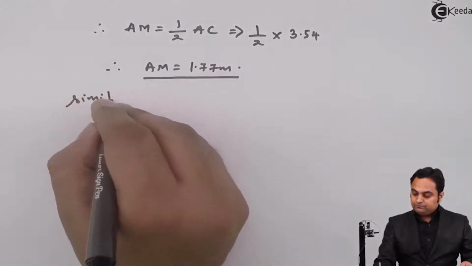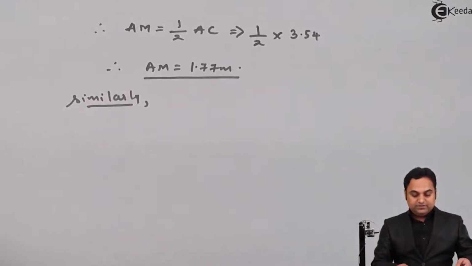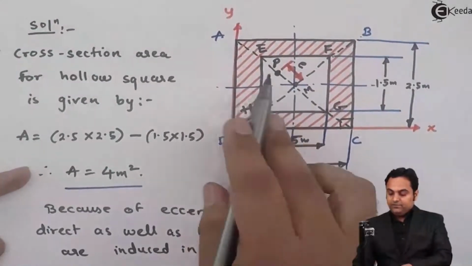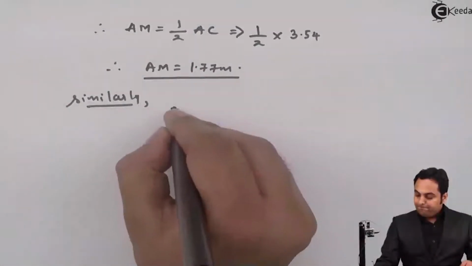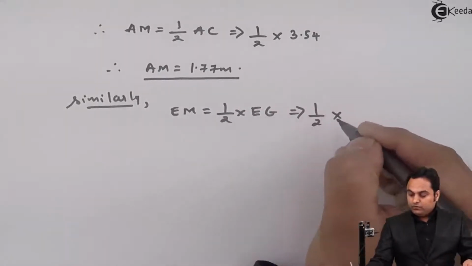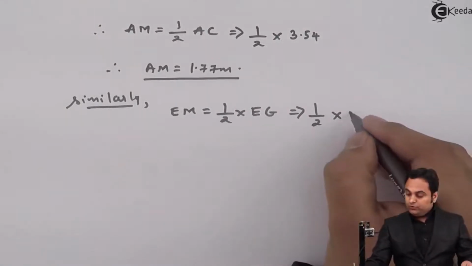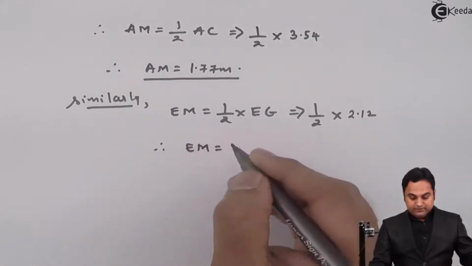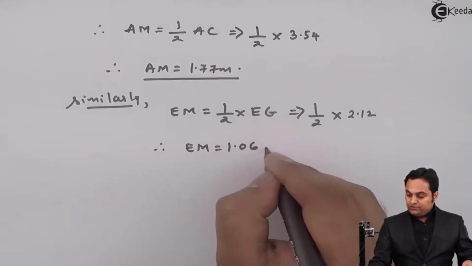Similarly, the distance from capital E up till M will be half of EG. So half of 2.12. So therefore EM value comes out to be 1.06 meter.